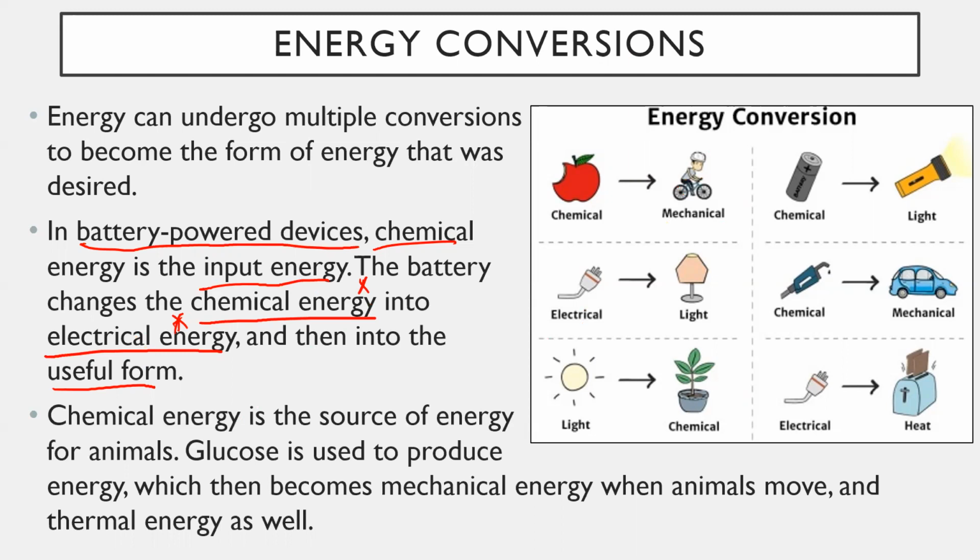Now, chemical energy, again, is the source of energy for animals. So even us, technically as animals, or any other living animal, needs chemical energy in order to convert it into other forms of energy, right? Our source of chemical energy, generally speaking, is glucose, which is a form of sugar. So glucose is used to produce energy.